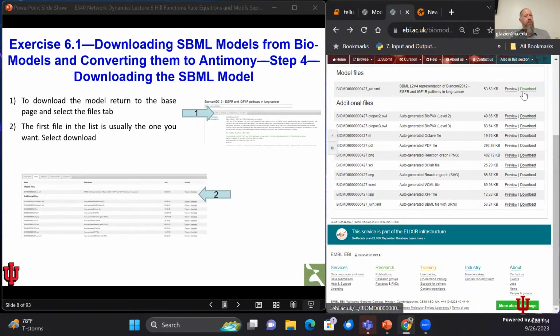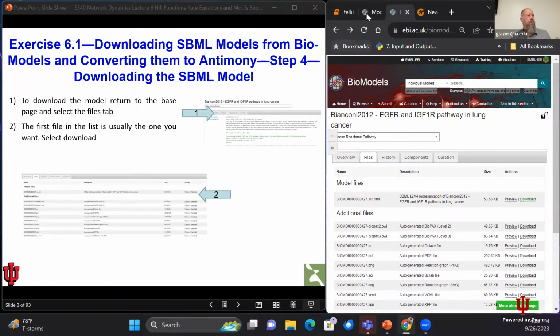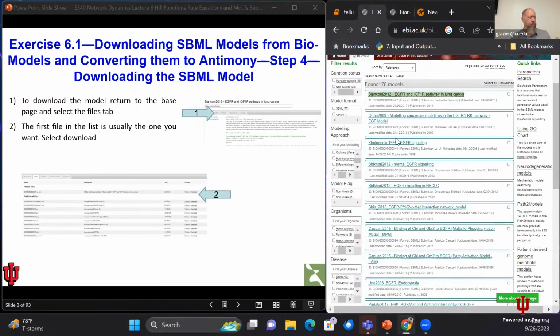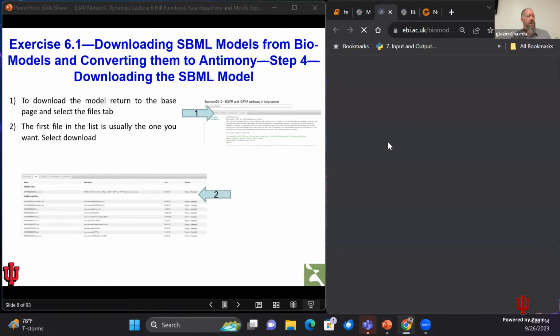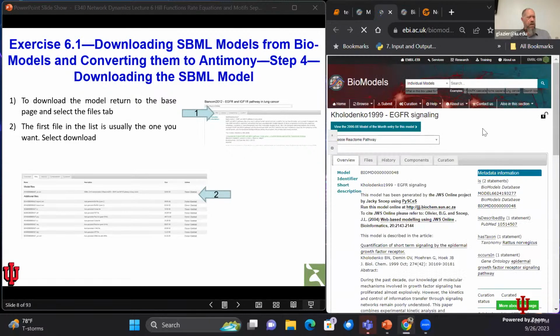Before we give up on this, let's go back to our list. Try one of the other ones and see if that works. If it's this file itself rather than the server.